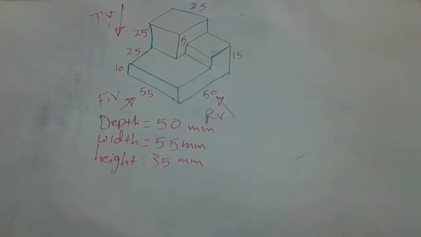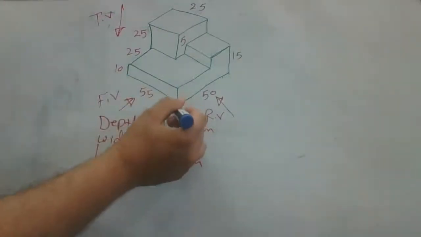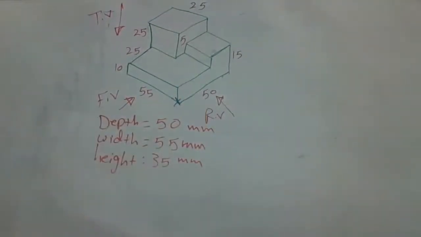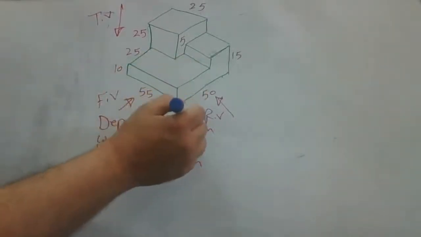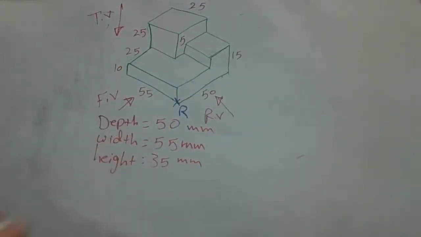After that we have to assign here the numbering, as we taught before, that the numbering is clockwise or counterclockwise. We start at this point R, the reference point.